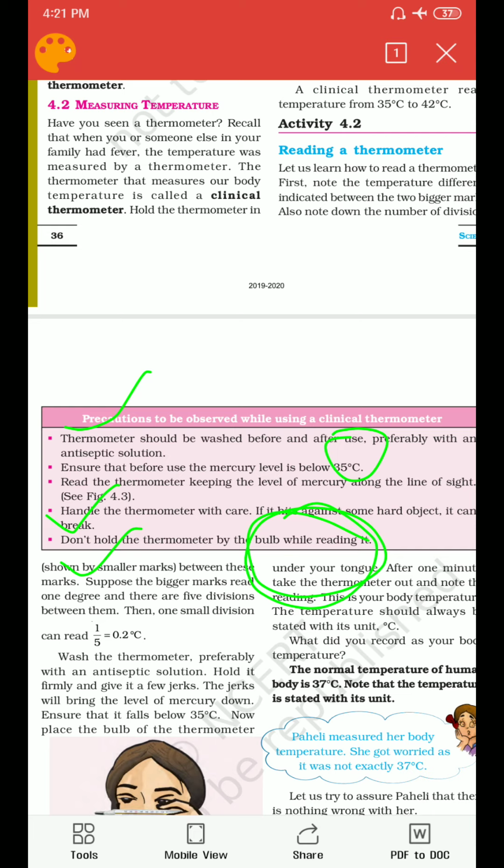The reason is the bulb contains mercury, and when we hold it by the bulb side, obviously the mercury acquires the heat of your body and it will start expansion, and you will not be able to take the exact value. Understood?